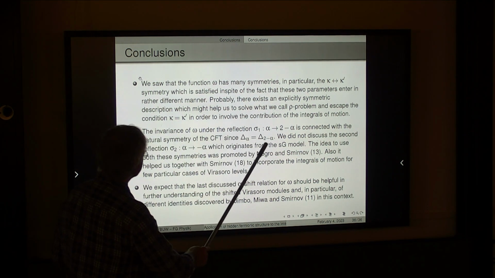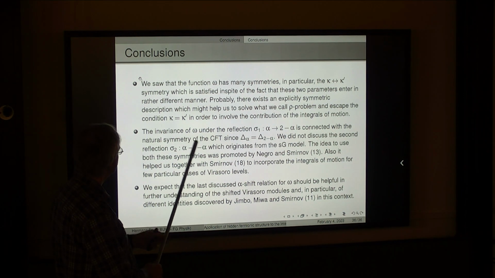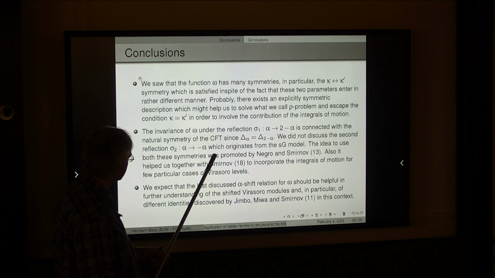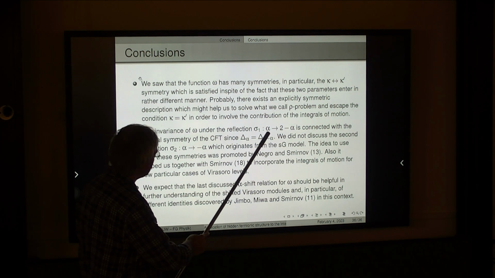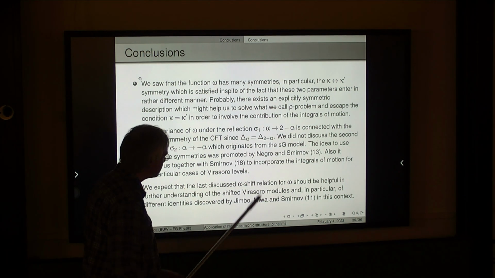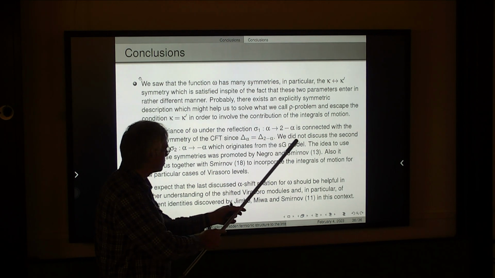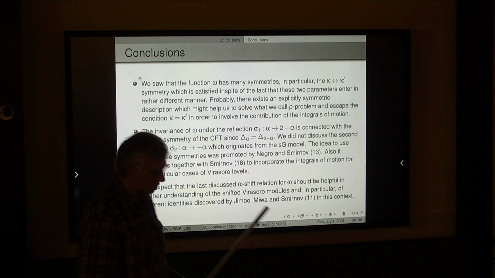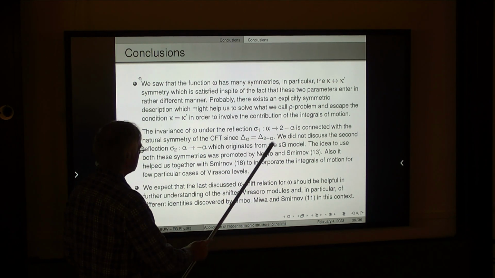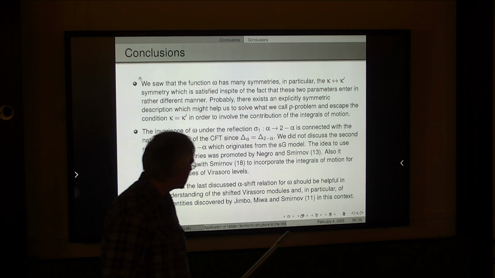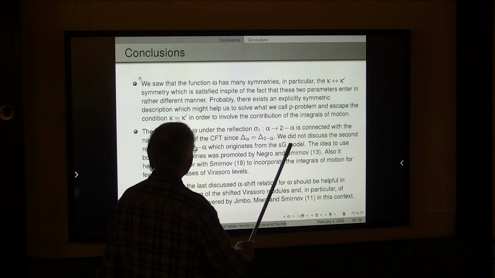And as we saw, this omega in the special case is symmetric with respect to reflection sigma 1, which is alpha to 2 minus alpha, which is also connected with natural symmetry in QFT, because of this formula for conformal dimension.